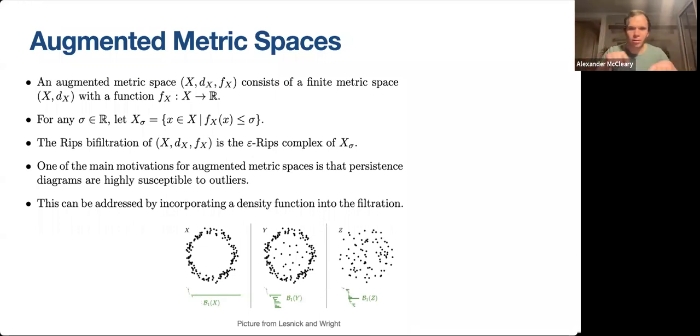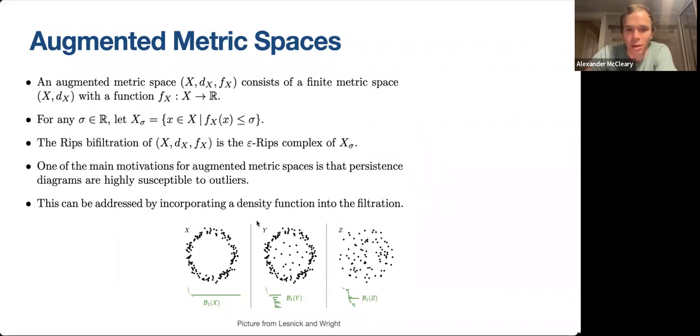We have this one homological feature that is very long-lived. It persists for a very long time. So that's telling us that we have this one big hole, and it's very unlikely to be just noise. It's a very robust hole. And then we have a bunch of very short-lived holes, which we can think of as just noise in this case.